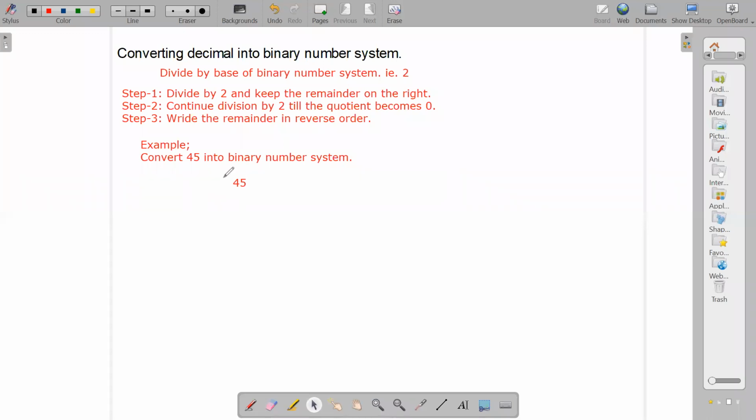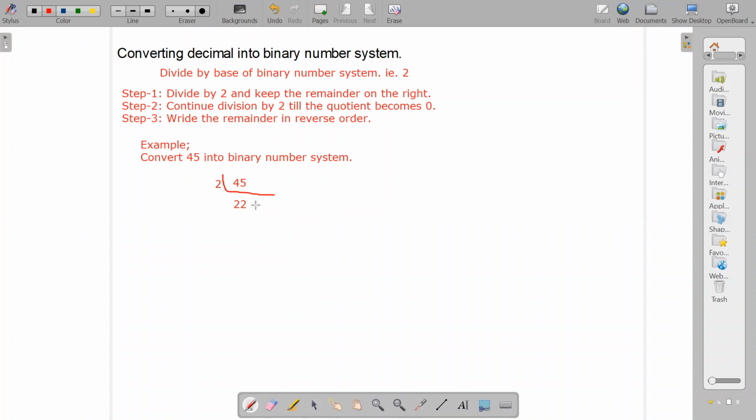Now we have to divide by 2. 2, how many times you get 45? 2 2s are 4, and 5 is left. So 22 2s are 44.